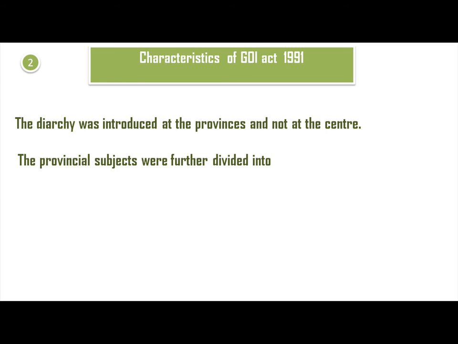I said the diarchy was introduced at the provinces, so at the provinces we have two kinds of subjects: the transfer subjects and the reserved subjects. The dual government was introduced at the provinces with these two, the transfer subjects and the reserved subjects.